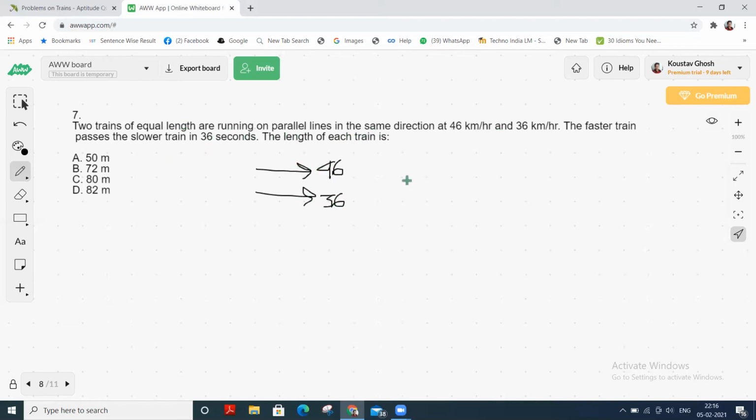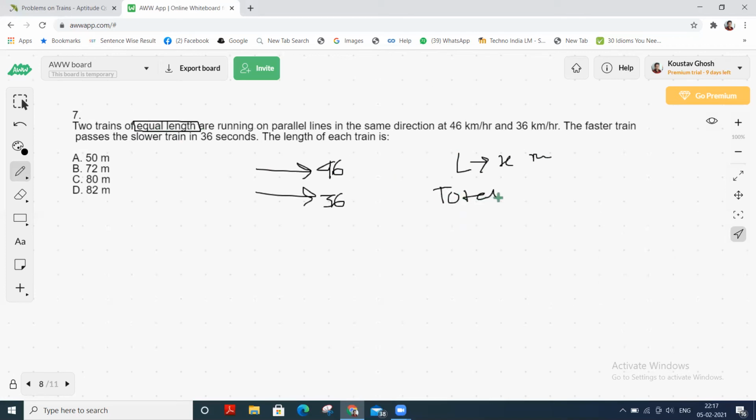Find the length of each train. The two trains' lengths are equal. So let the length of each train be x meters.